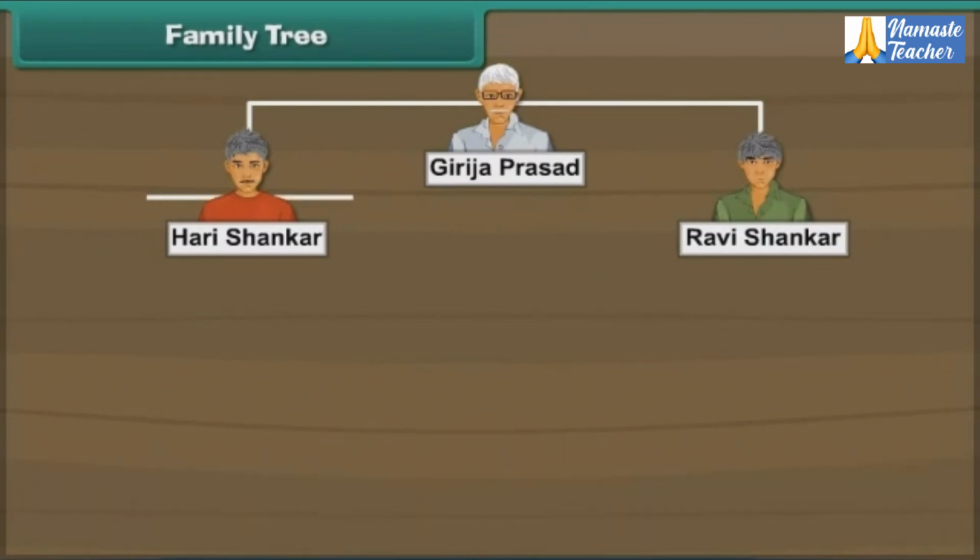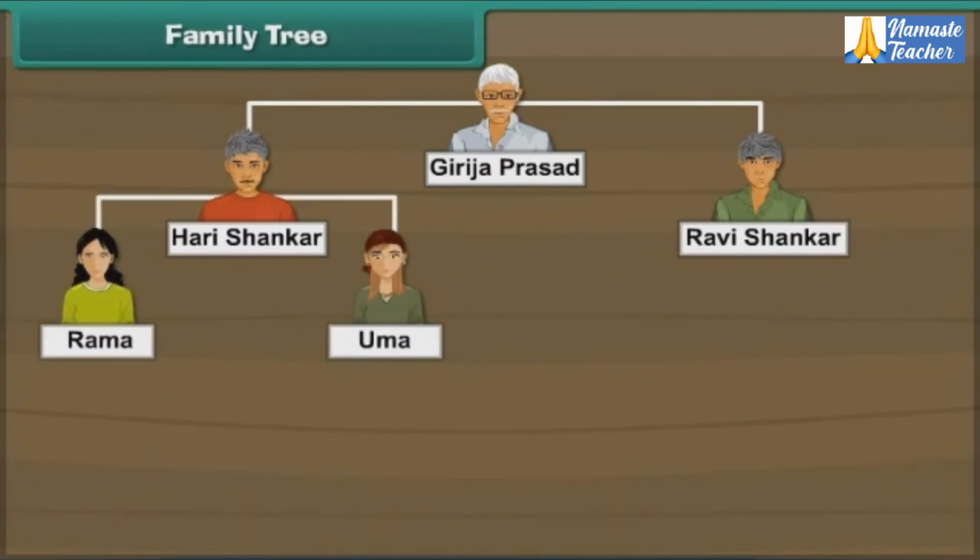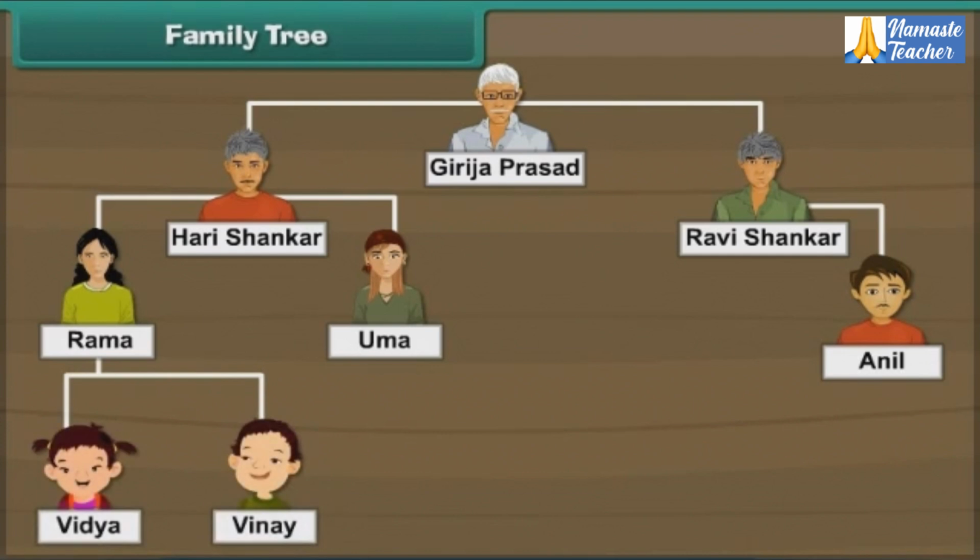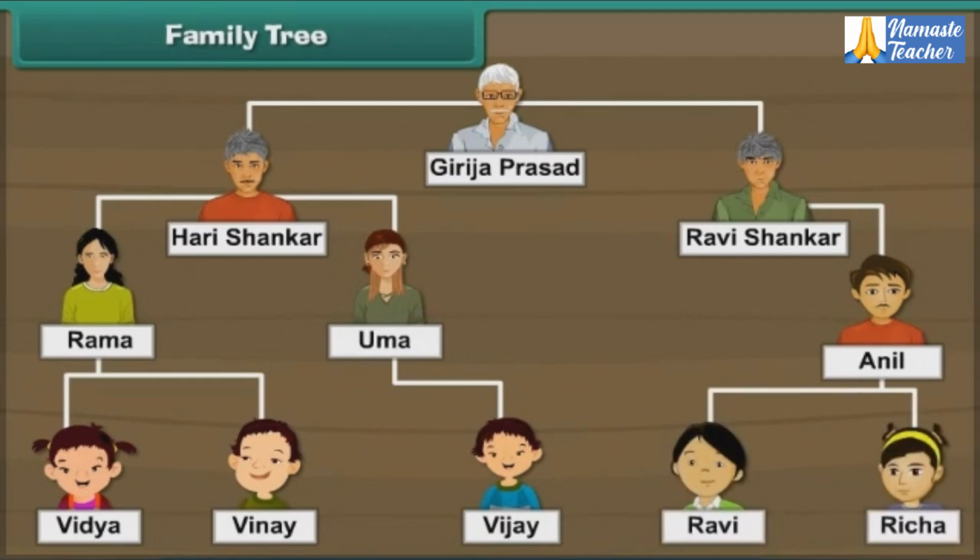Hari Shankar has two daughters, Rama and Uma. Ravi Shankar has one son, Anil. Rama has a daughter, Vidya, and a son, Vinay, while Uma has a son, Vijay. Anil has a son, Ravi, and a daughter, Richa. The family tree of Ravi's joint family is now complete.